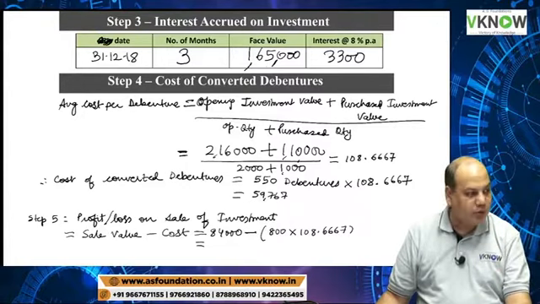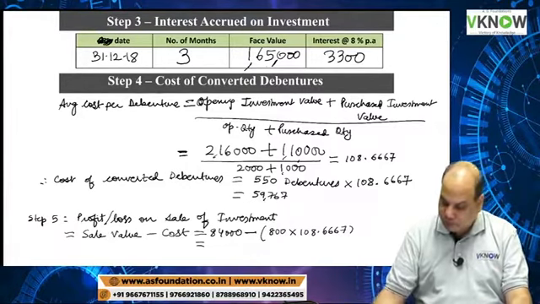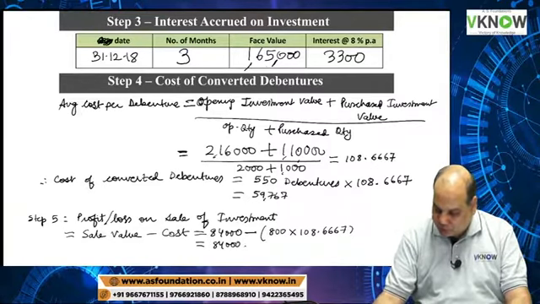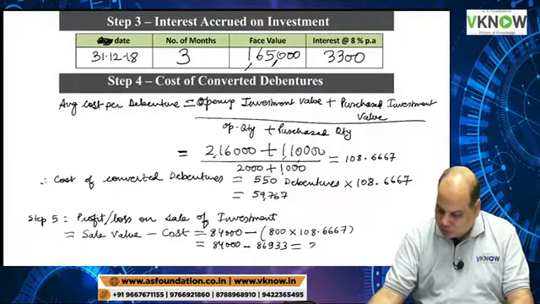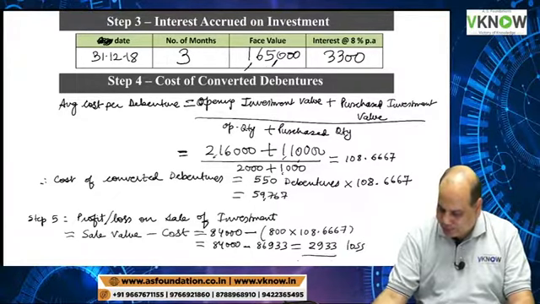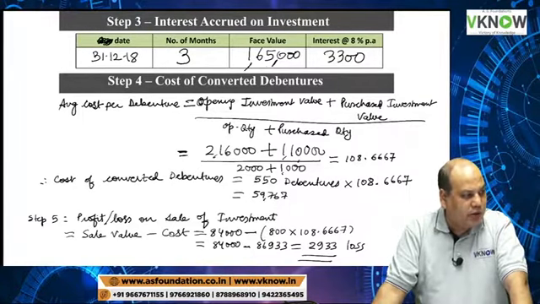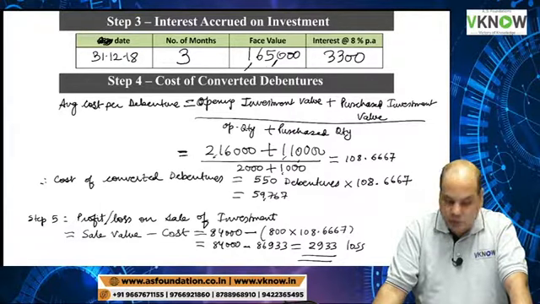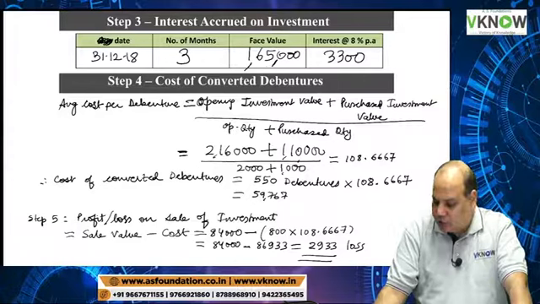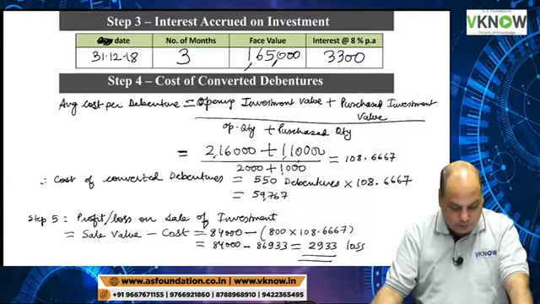This is 84,000, this is 86,933, and that is equal to a loss of 2933. 2934 also you can write. 33 or 34 is okay.